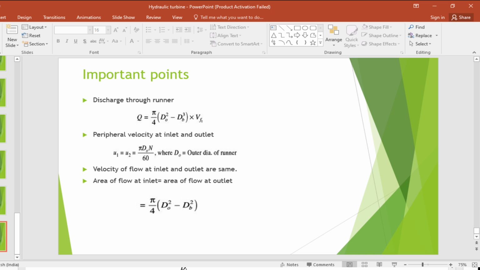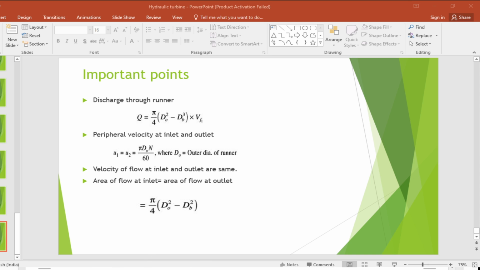These are the important points you have to remember while calculating the discharge and velocities for Kaplan turbine.